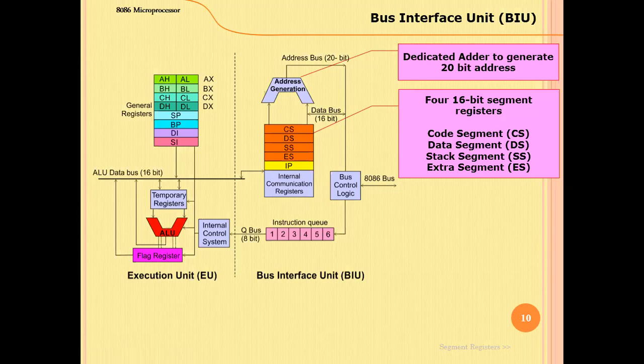The code, nothing but the program, will be available from the code segment, and the data information or operands are available from the data segment. If that is not sufficient, we can have one more segment called the extra segment.